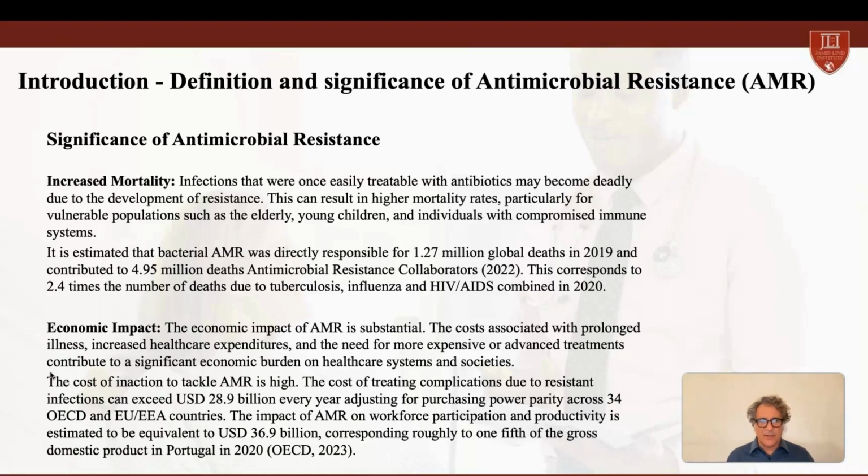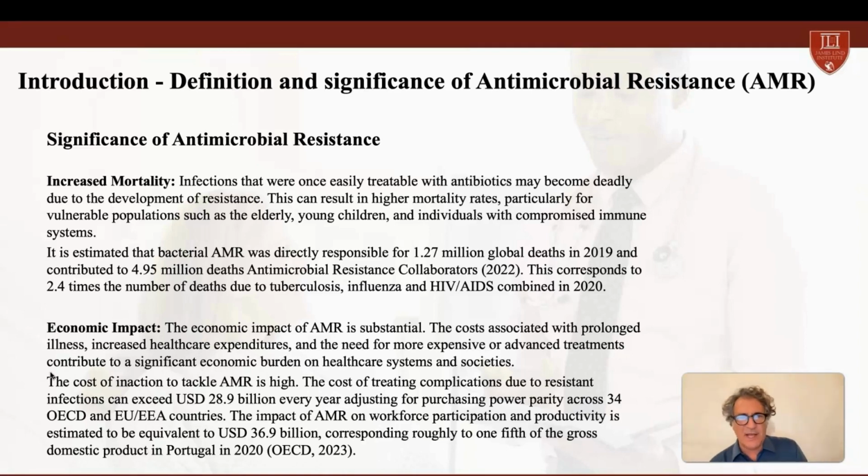There is also a huge economic impact, as you can imagine. The cost of treating complications from resistant infections can exceed 28.9 billion every year. So we're talking about a huge number in terms of economic impact on the healthcare sector worldwide.